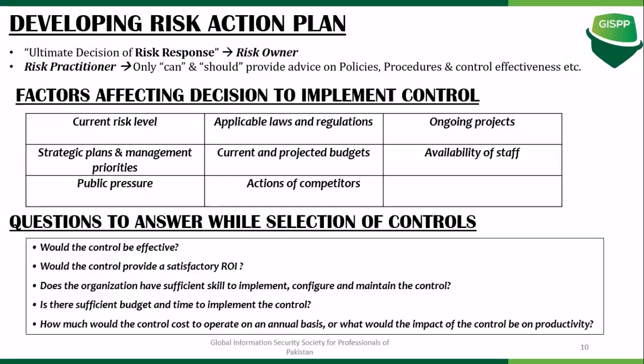This is something that I will cover further. And do you have sufficient budget and the time to implement the control? And what would be the cost of the control itself to operate on an annual basis, and how would it impact your productivity?